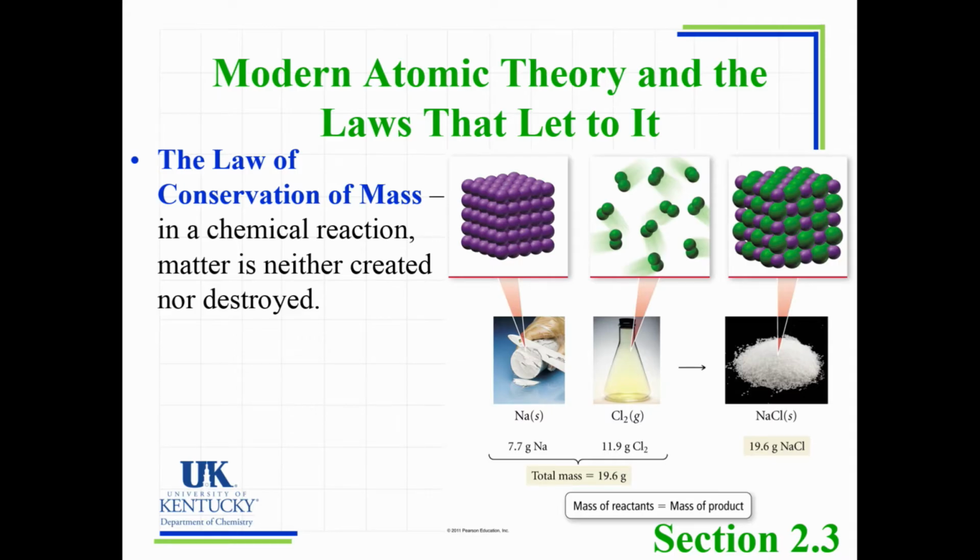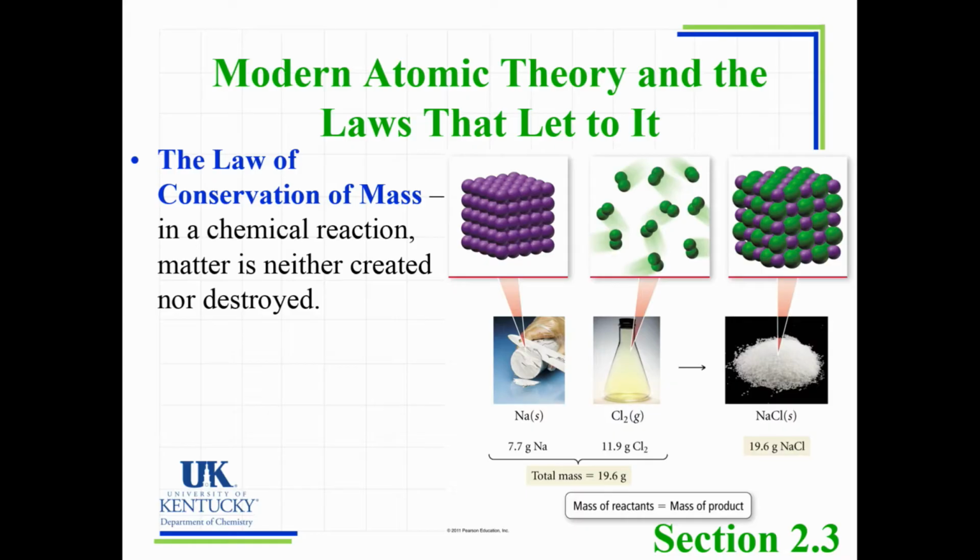So as we examine the reaction that we see on the screen, we start with some sodium metal, and they weighed out 7.7 grams of that sodium metal. They dropped a little piece of that sodium metal into a flask that contained some chlorine gas, and there's 11.9 grams of chlorine gas there. When those two things combine, a very bright flame pops up.